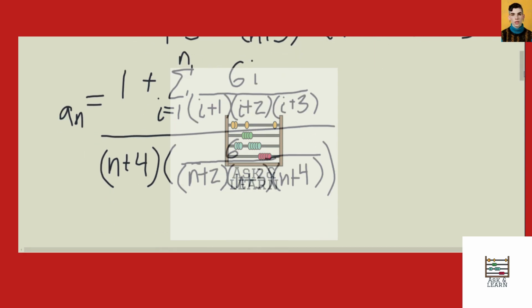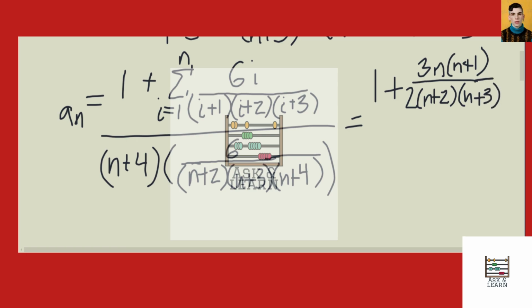So we have 6i over i plus 1 times i plus 2 times i plus 3. And using technology, we'll get that this is going to be 1 plus 3n times n plus 1 over 2 times n plus 2 times n plus 3. But again, you could use induction if you wanted to prove this.